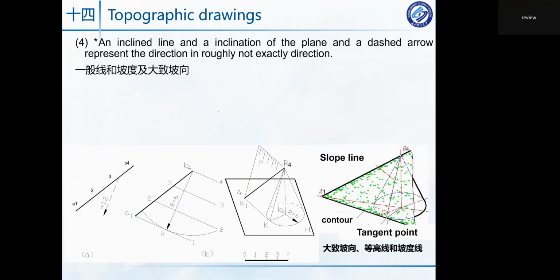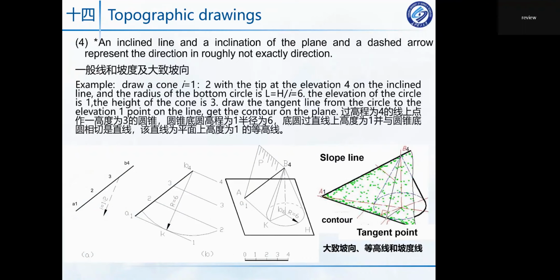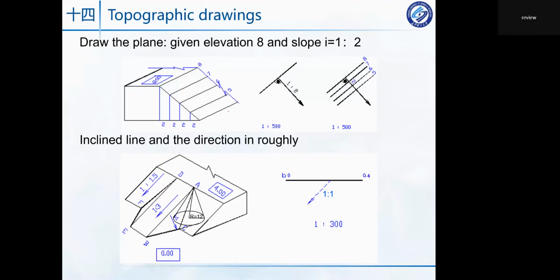As for this one, you can see here is a plate. Let the elevation of the top of this object be 8, and at the bottom it is 0. This one is 8. This one is 0.